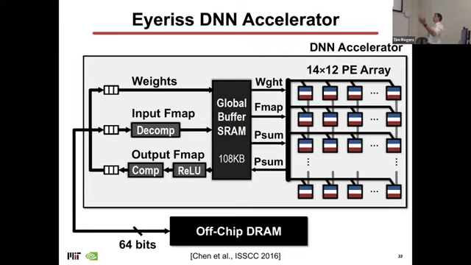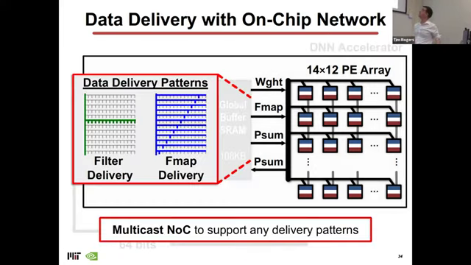Again, once you're dealing with a real system, you have to have a finite number of processing elements. In their case, it was 14 by 12. They had a finite global SRAM buffer, and then they have streaming queues that allow you to stream in the weights and the input activations. And then they have a specialized ReLU that's dealing with the outputs as it streams back out to the off-chip RAM. They hooked this up to a system and it worked. So the game in the mapper is trying to figure out the right way to deliver each of the different types of things that we need in DNNs.